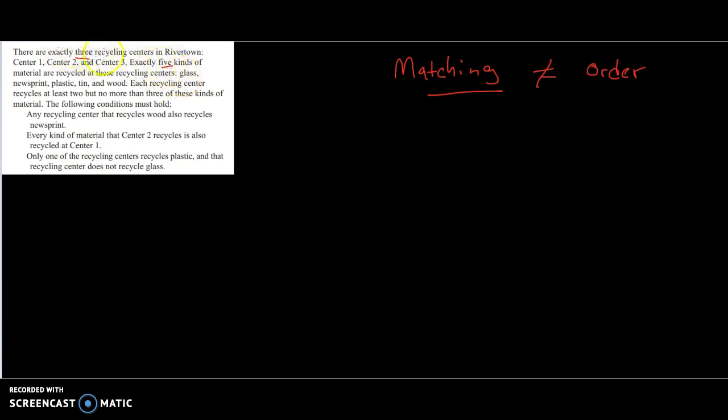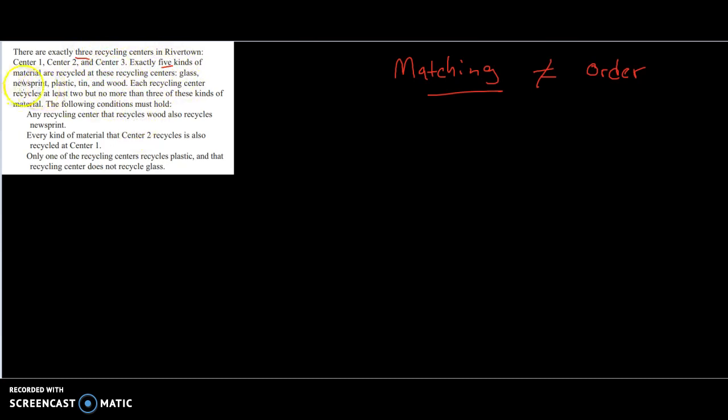At least one of these centers is going to have more than one type of thing, which indicates this is not going to be a sequence. We're not dealing with a situation where one thing goes exactly here, something else goes somewhere else, etc. That is going to indicate that we are dealing with how do we select and put these things into the particular group. Okay, so let's continue on and look at the rules here.